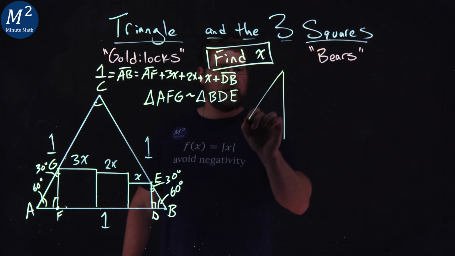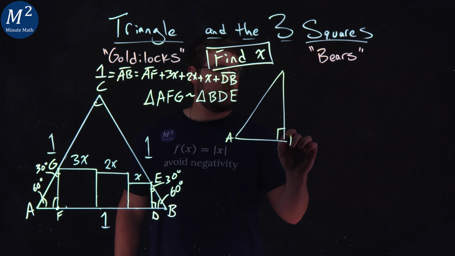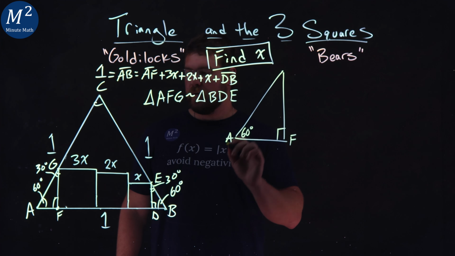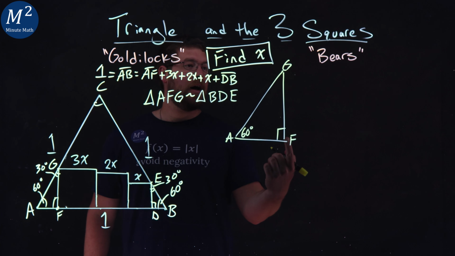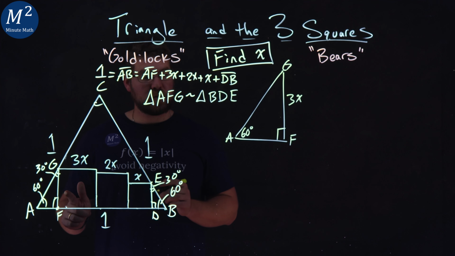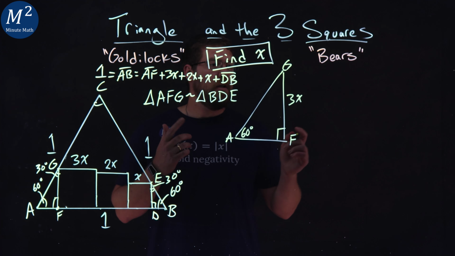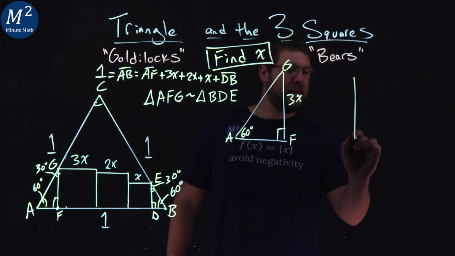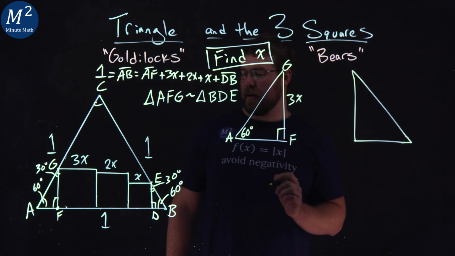Drawing a little bigger here, we have the first triangle, and that's AF. We know it's a 60 degree angle right here, and we have G up here. We know that the height GF is 3x because it's a side length of that square. Okay, and we have the 60 degrees, got it lined up. Let's do the same thing with this triangle. I'll just draw it big so we can see it, not to scale, okay?